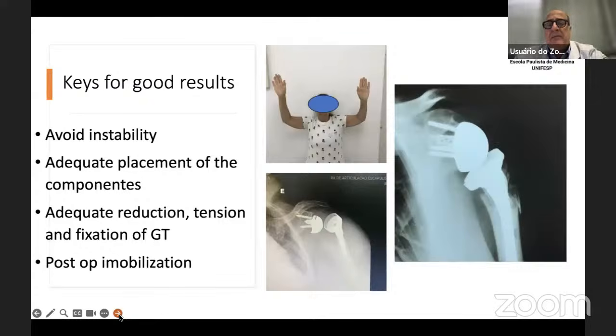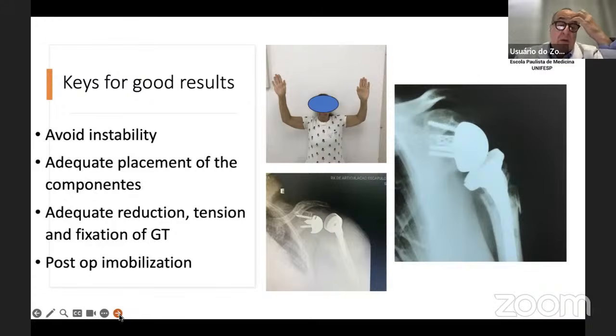But what are, in my opinion, the keys for good results when we are doing a reverse for a fracture? We have to avoid the instability, that is the major complication. For doing this, we have to put the components in adequate elongation, in place and version. We have to have an adequate reduction, tension and fixation of the great tuberosity.